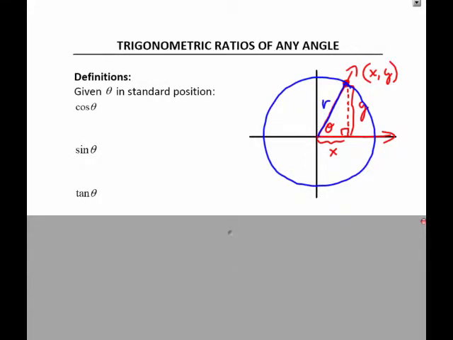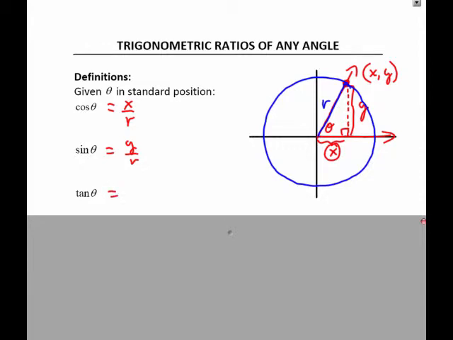And so, based on our definitions of cosine that we know from the past, which is adjacent over hypotenuse, I can look at this diagram and see that adjacent would be the x value divided by the radius. Sine, which is opposite over hypotenuse, would be y over the radius.